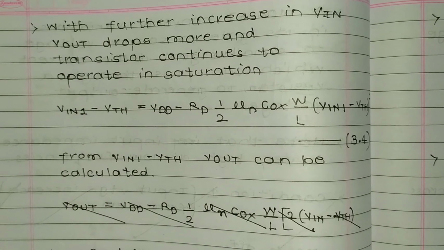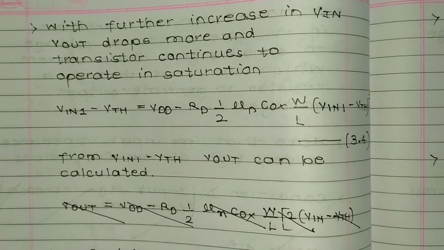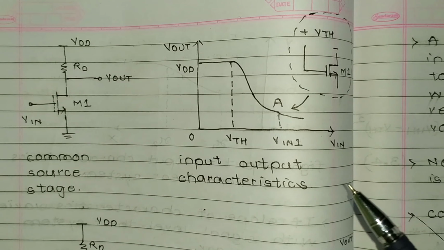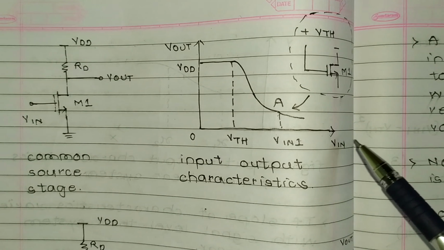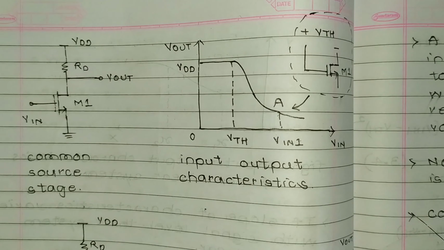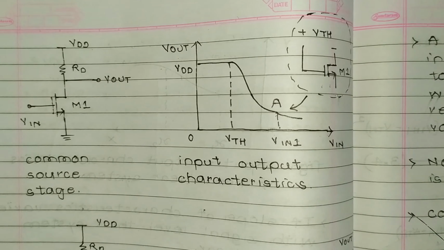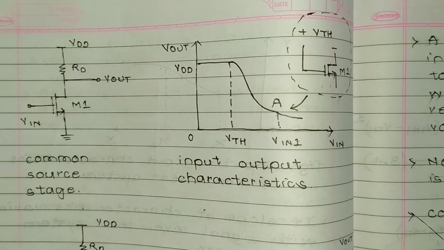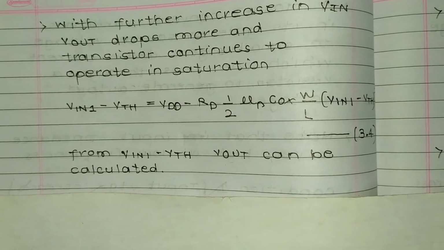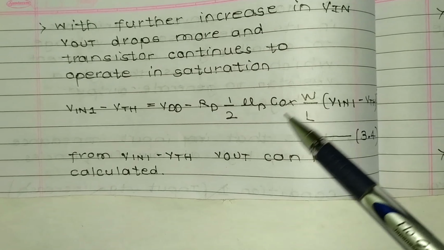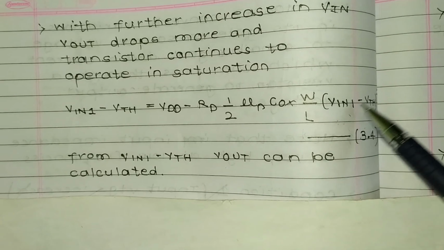The equation is Vout equals VDD minus RD times 1 by 2 mu n Cox W by L times Vin1 minus VTH whole squared.